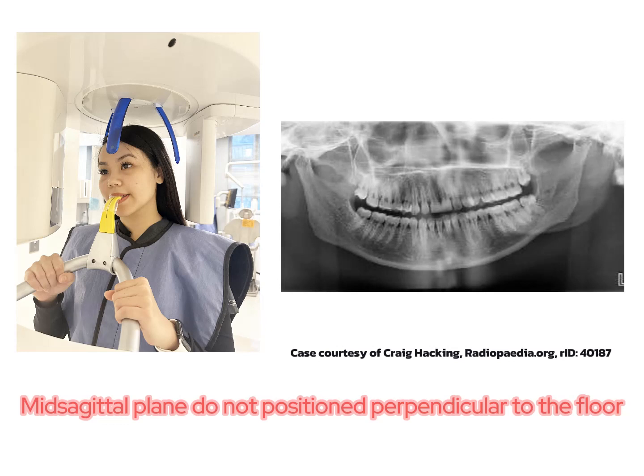To correct this issue, the clinician should carefully reposition the patient to ensure that the mid-sagittal plane is perpendicular to the floor before capturing the panoramic radiograph. This may involve adjusting the position of the chin rest, instructing the patient to straighten their head position, or providing additional support to stabilize the head during imaging.